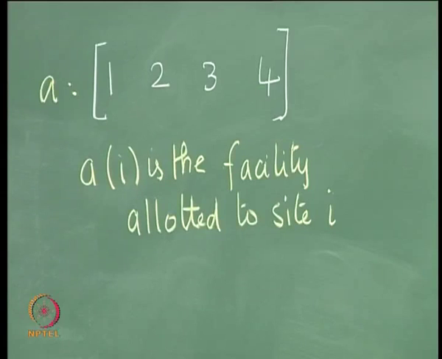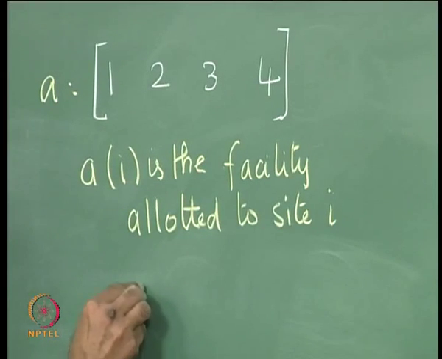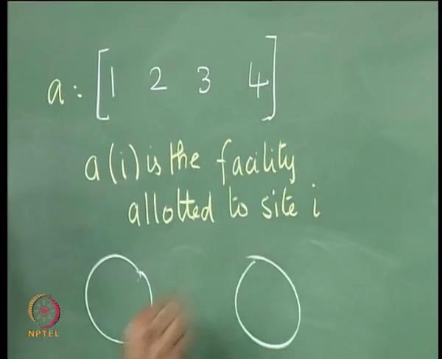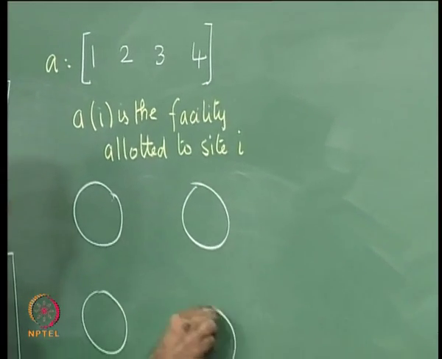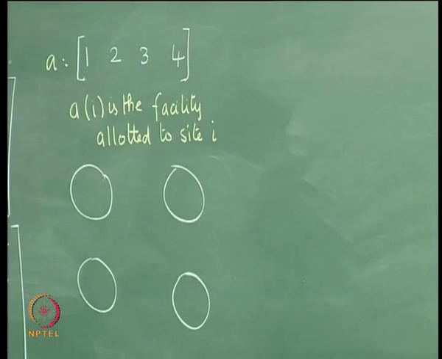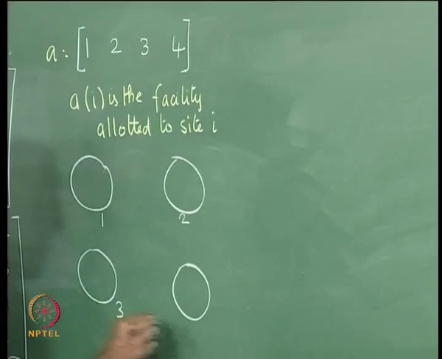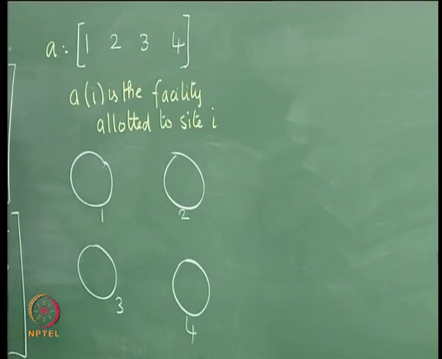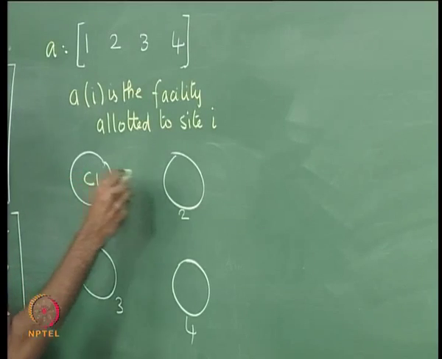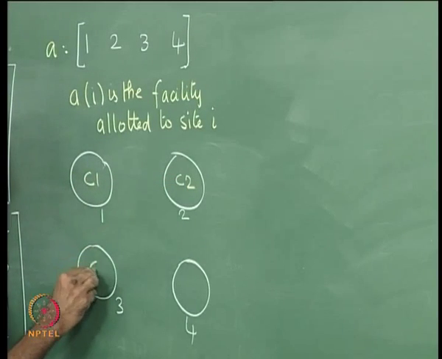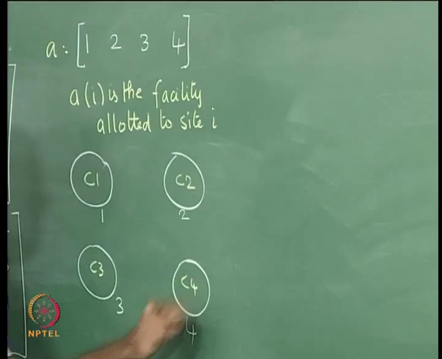For example, if there are 4 sites, 1, 2, 3, 4, these are the sites. So, this solution is cell 1, cell 2, cell 3, cell 4.